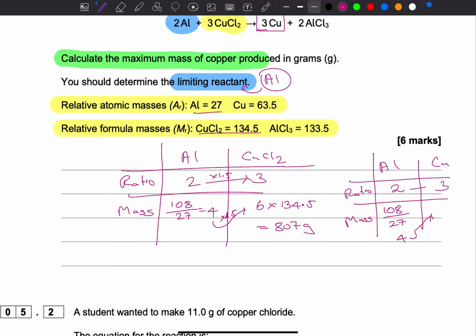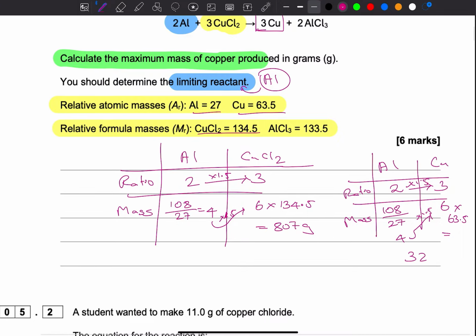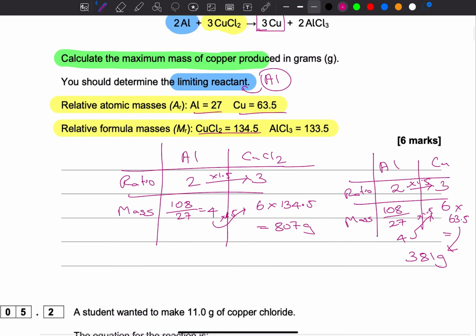It's the same thing: times it by 1.5, which is 6, times copper's 63.5, which gives you 381 grams. That is the answer, and that's what you write. They also want the aluminium, the limiting reactant, which we have. Okay, moving on.